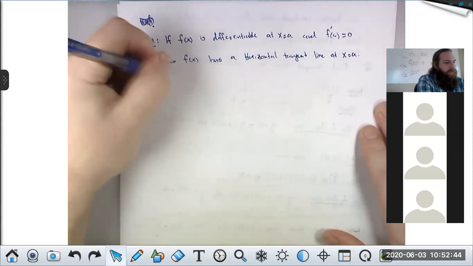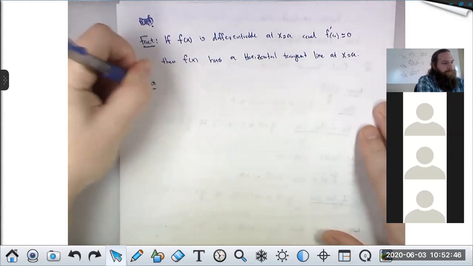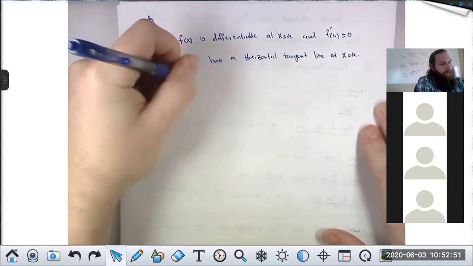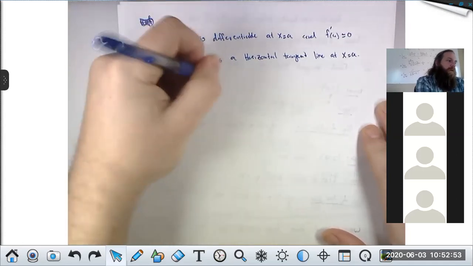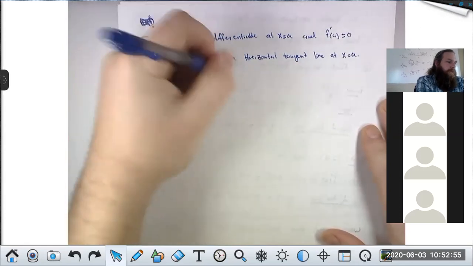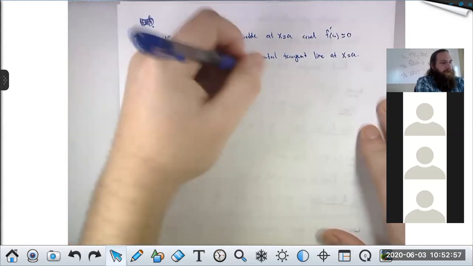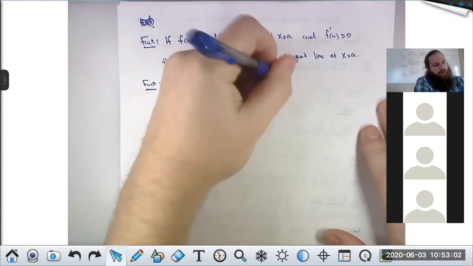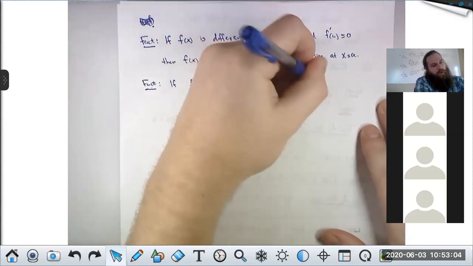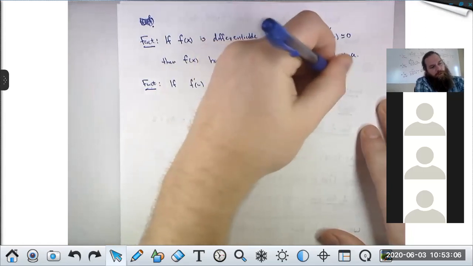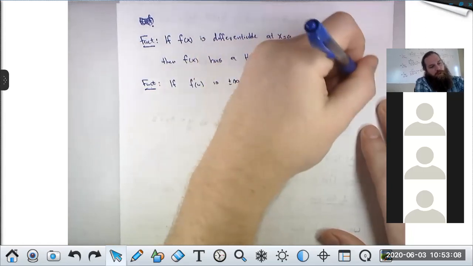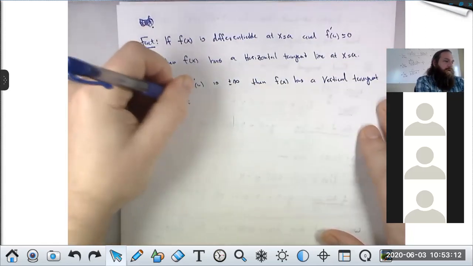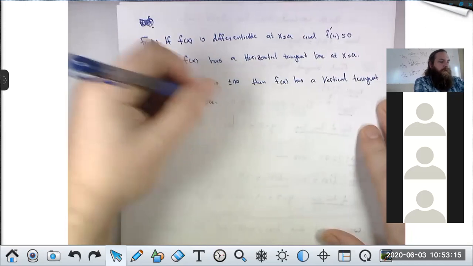And if f prime of a is plus or minus infinity, then f of x has a vertical tangent line at x equals a.